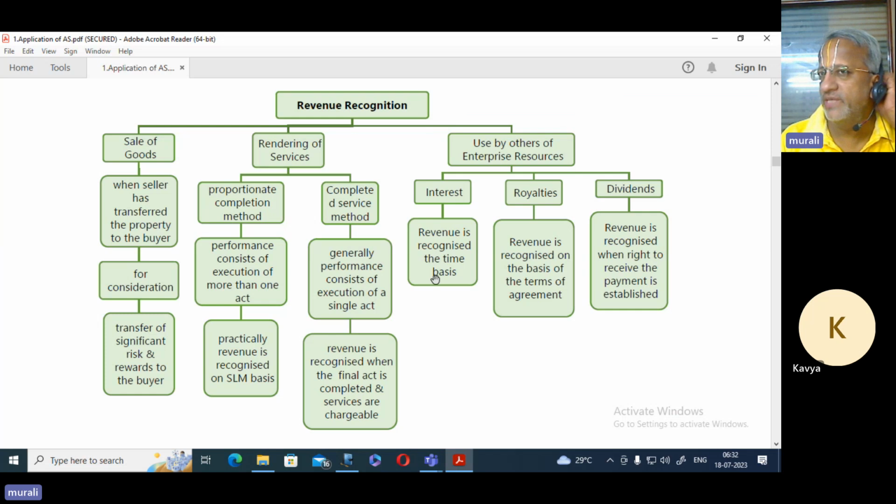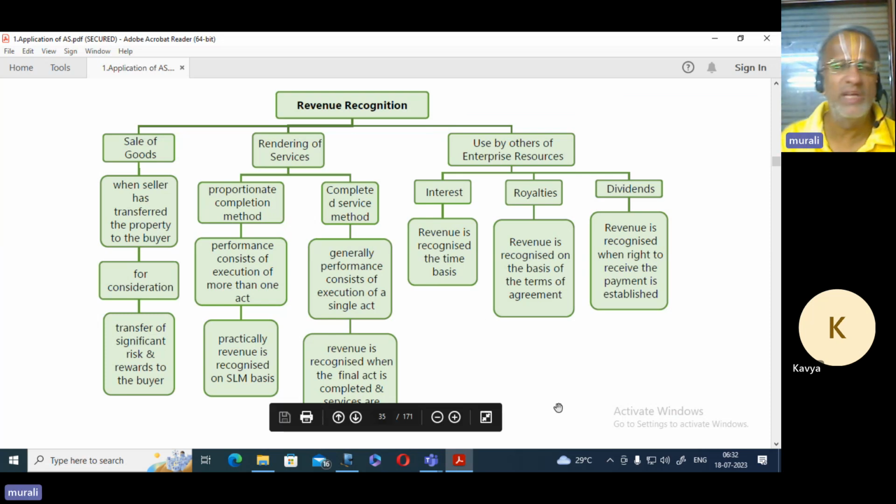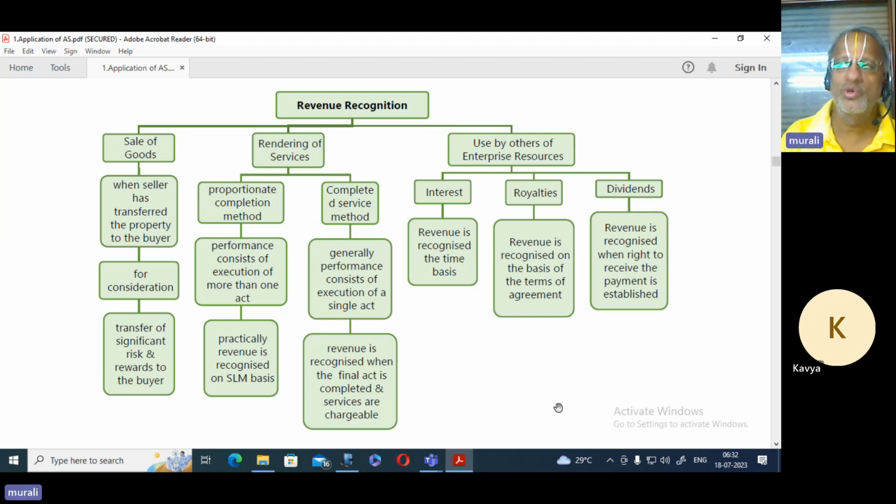If such be the case, how has interest to be recognized? Interest is to be recognized on a time basis. Even if interest is collected in advance, we cannot take it up upon collection. Only when the period is getting over can you recognize it. Otherwise, you should not recognize it at all on a time basis.